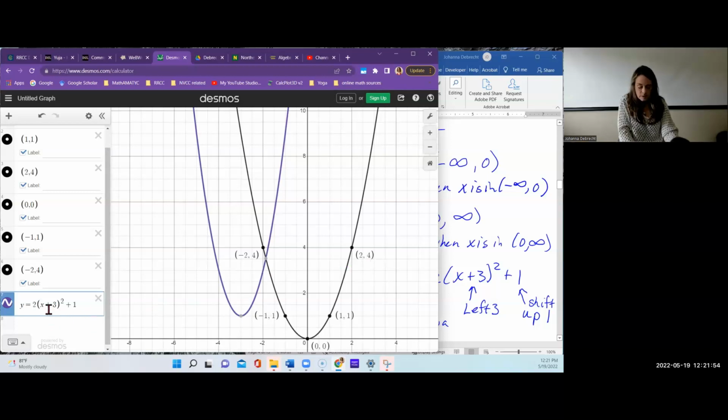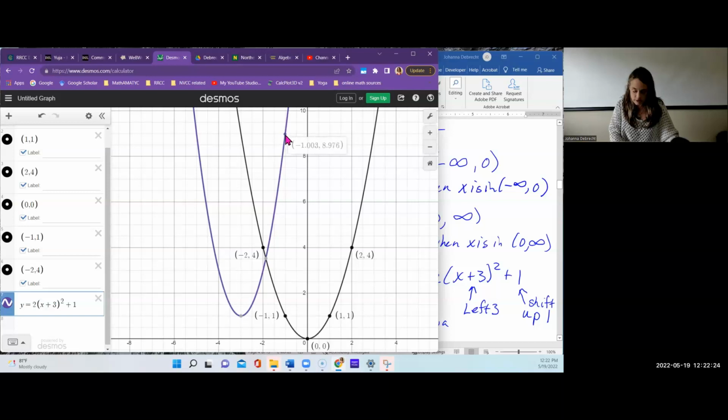First thing that happened was the x coordinate got shifted to the left by 3. So 2 minus 3 would put us at -1, which is on this line right here. Then the y value got multiplied by 2, so it became 8. And then it had 1 added, so it became 9. That would put us at -1, 9, which would put us right about here.